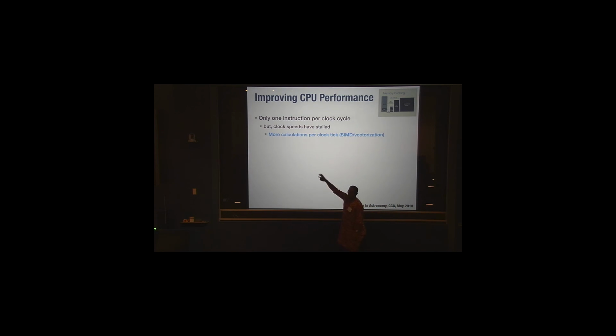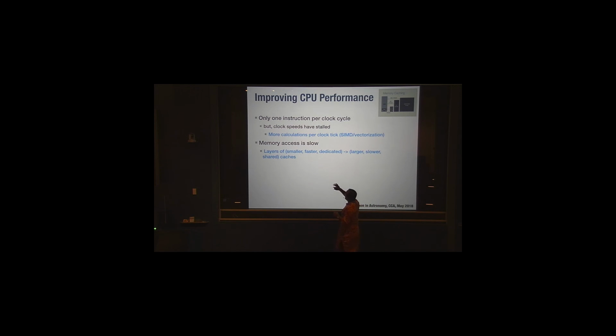So now, if you want to get more done per clock cycle, you have to think about vectorization. This is single instruction, multiple data, which is processing bigger chunks in one shot. Rather than going one element at a time, think of doing 8, 16 elements at a time, right? Memory access, as we just talked about, is really slow. Obviously, Intel, AMD, ARM, you name it, they know exactly what's going on.